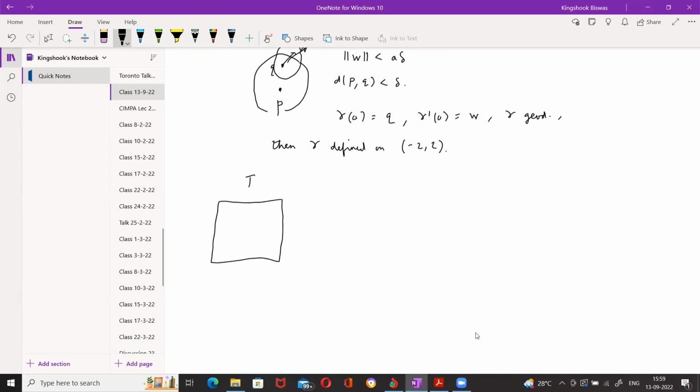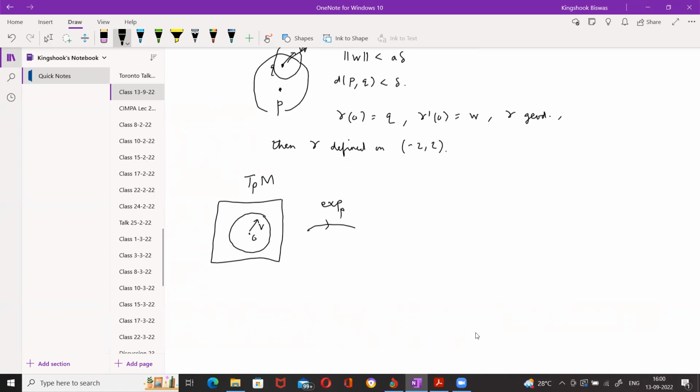This is the tangent space T_P M, and this is the origin, and then there's some ball around the origin where, if I take any tangent vector v here, then what is the exponential map?